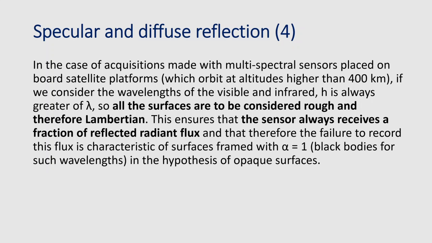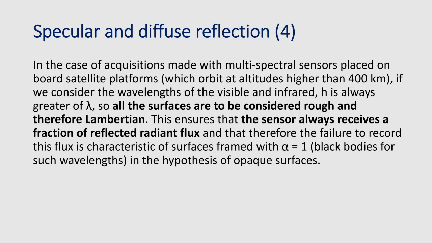That means simply admitting that if we are registering image data with a passive sensor and we get a null radiance coming by reflection from the Earth's surface, then, on the hypothesis that these surfaces are opaque, which is always true, the surface that is imaged is represented by an alpha equal to 1, the coefficient of absorption.